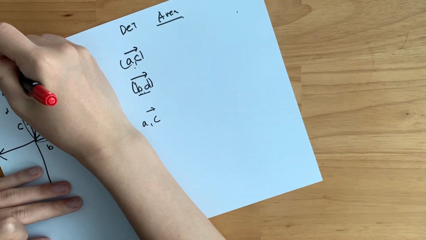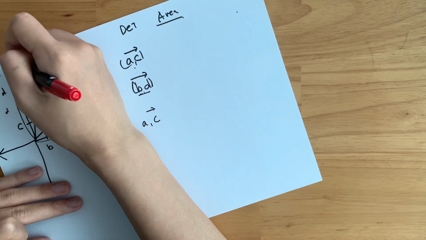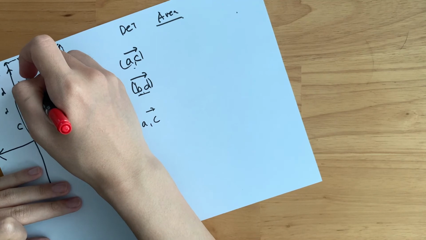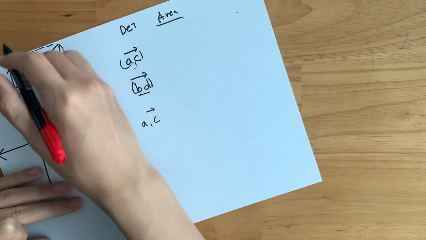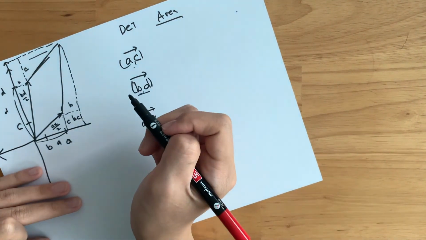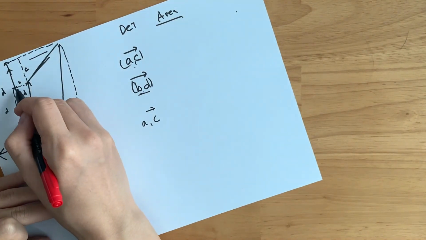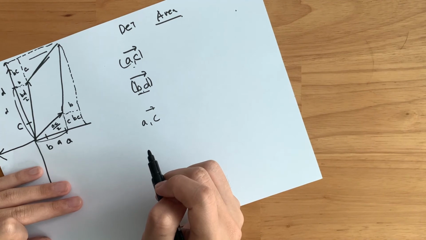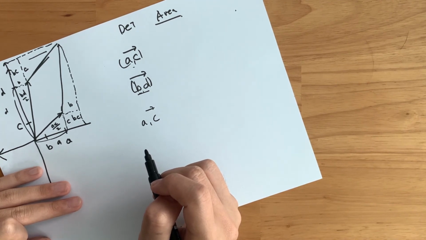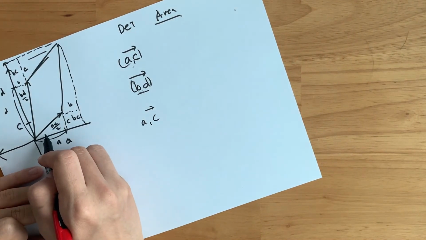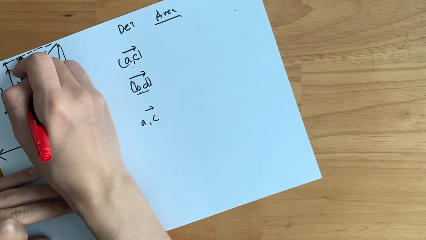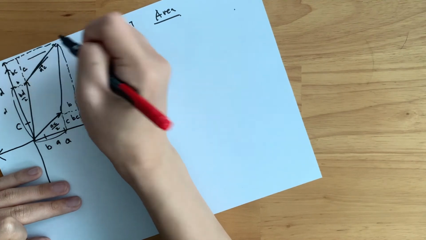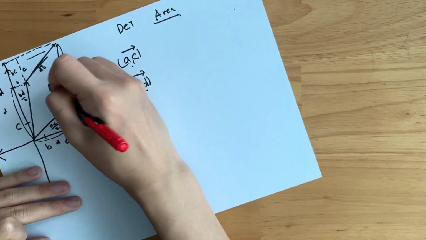Same in here: we add this Y component C, and this one was just B, so this one is BC. Let's call this AC here too, and BD here too.